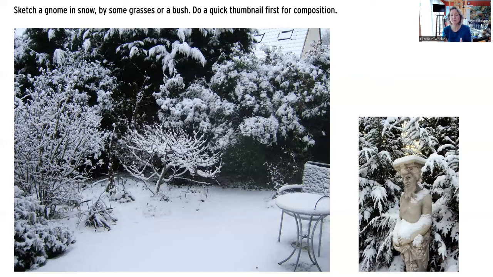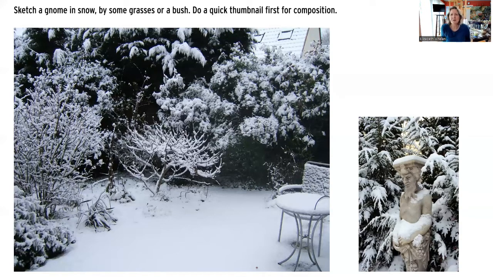Instead, on the white paper you'll be concentrating on what the gnome looks like, leaving areas blank where the snow has fallen on the gnome. And of course, think about, no matter whether it's toned paper or white paper, the gnome's feet are probably in the snow. Whereas we drew the gnome's feet before, we won't have to draw them now, but we will have to show that snow is banked up some way.